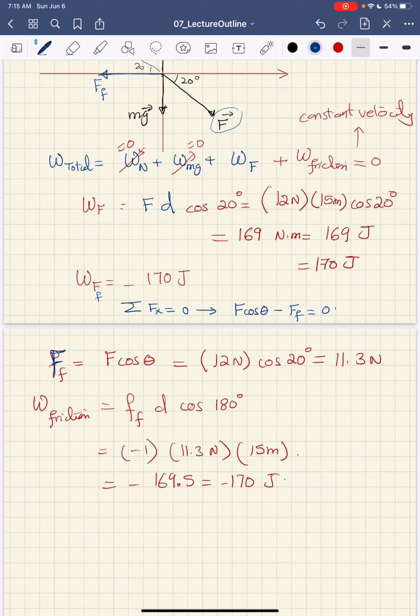Work done by friction will equal FF times d cosine 180, and it is negative 170. We can verify again that the total work done is going to be 0. 170 minus 170 is 0.